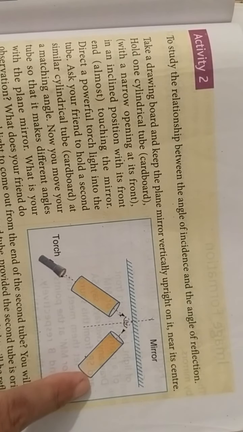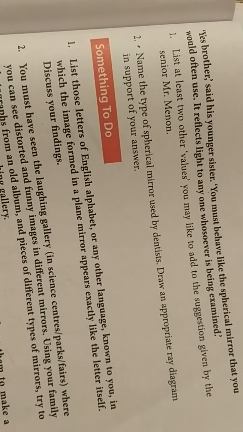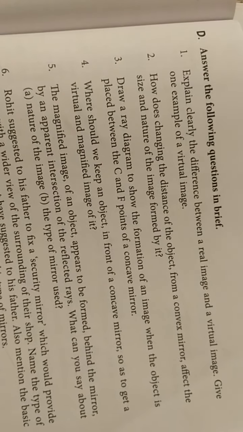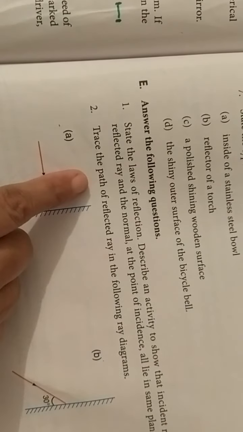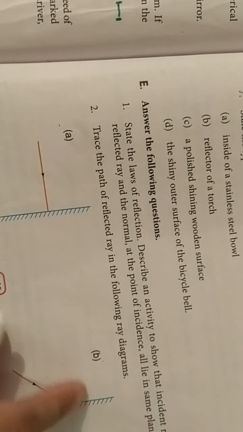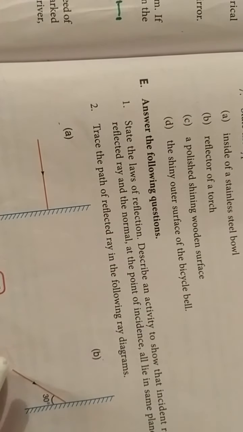Okay. Now, what is the second question? The second question is, trace the path of the reflected ray in the following ray diagram. So in the following ray diagram you have to trace the path of the reflected ray.